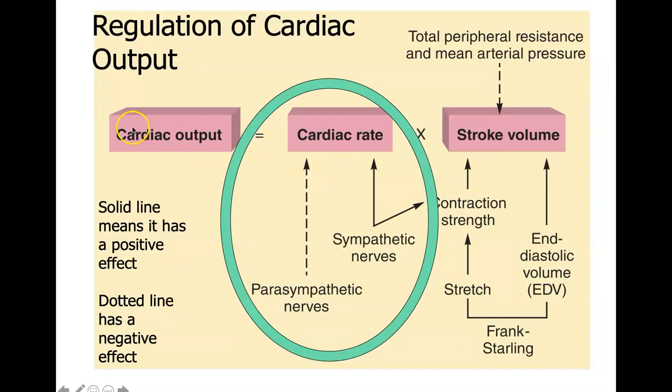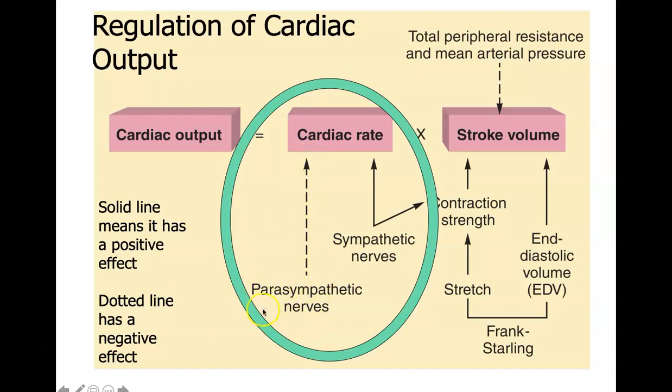And so if you look at this cardiac output as a function of cardiac rate or heart rate and stroke volume, we need to think about the inputs that are controlling cardiac rate and stroke volume. And in this figure, a solid line means it has a positive effect on that trait, and a dotted line means it has a negative effect. So here's the parasympathetic nervous system activity, which you already know is going to have a decreased effect on cardiac rate, right?